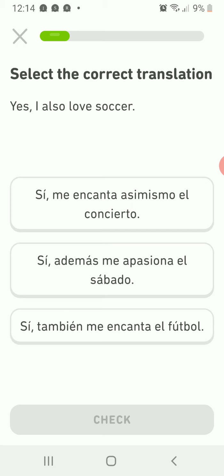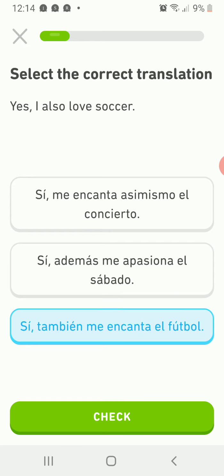Sí, me gusta también, me encanta. Love is amar, to love, but me encanta asimismo el concierto. Well, of course, here, encantar.